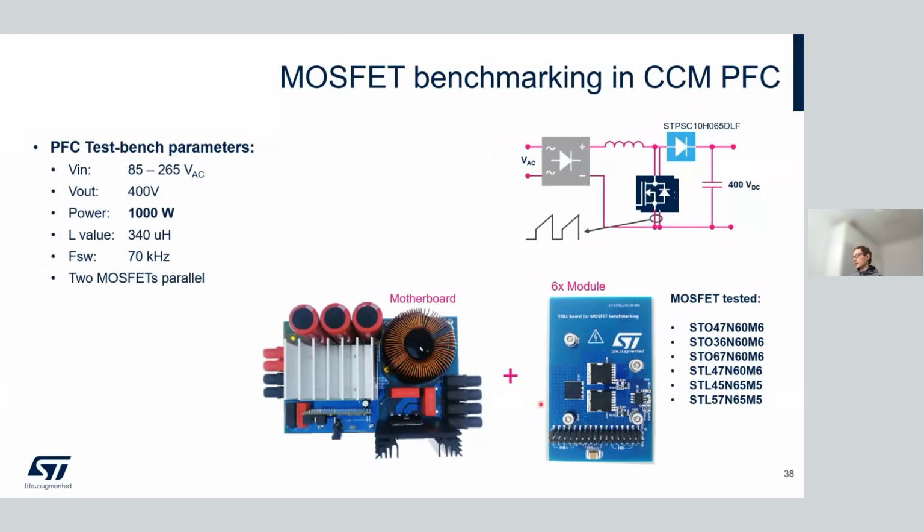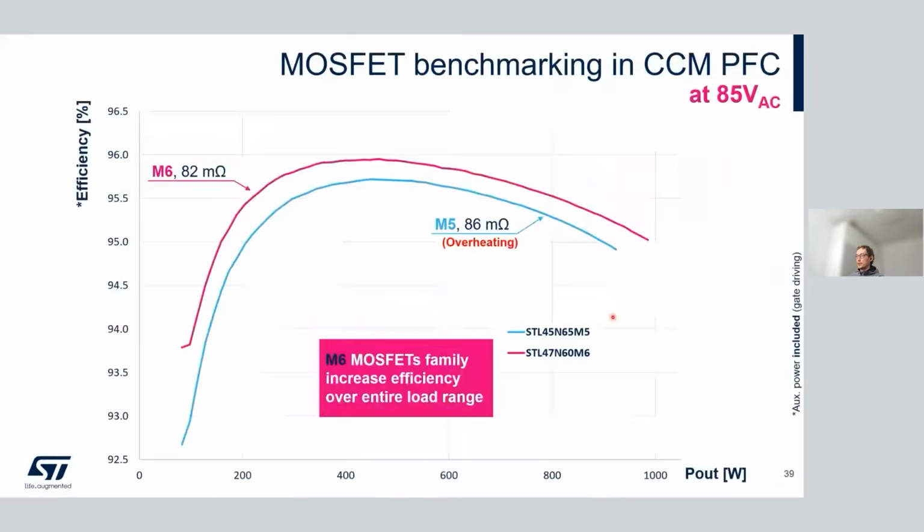You can see we have a motherboard with some submodules where we tested different MOSFETs, mainly our running M5 technology for hard switching, and we also tested our dedicated technology for soft switching. But we observed that it also has very good results in hard switching topologies. For now, it's being replaced by M9, which is even better.